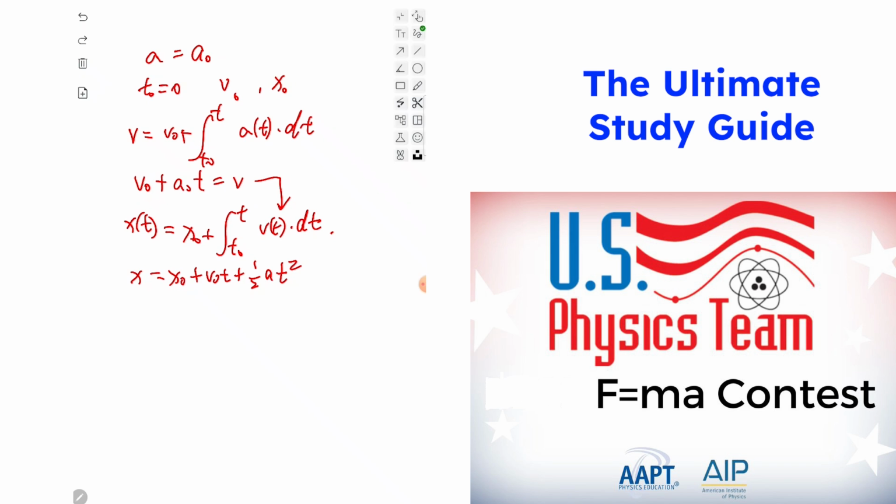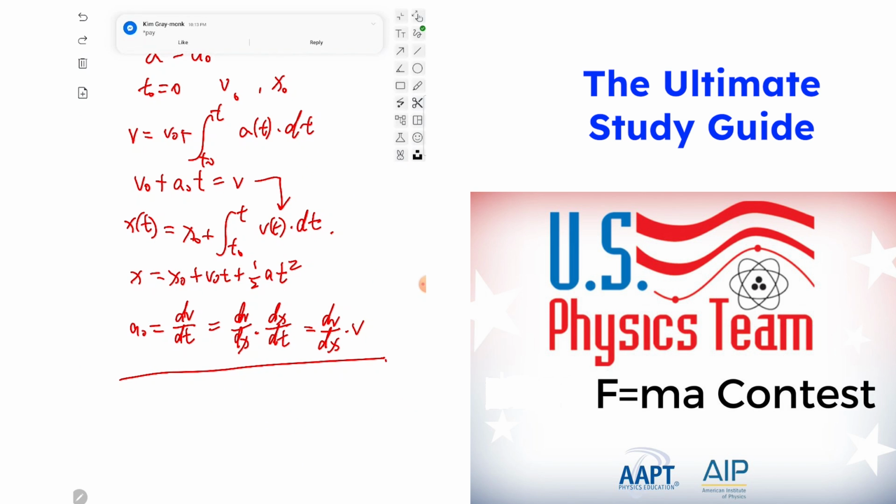And then we can use the derivative relationship that a0 equals dv/dt equals dv/dx times dx/dt equals dv/dx times v. This substitution is also very important and frequently used in competition physics. We will see that a lot later on.